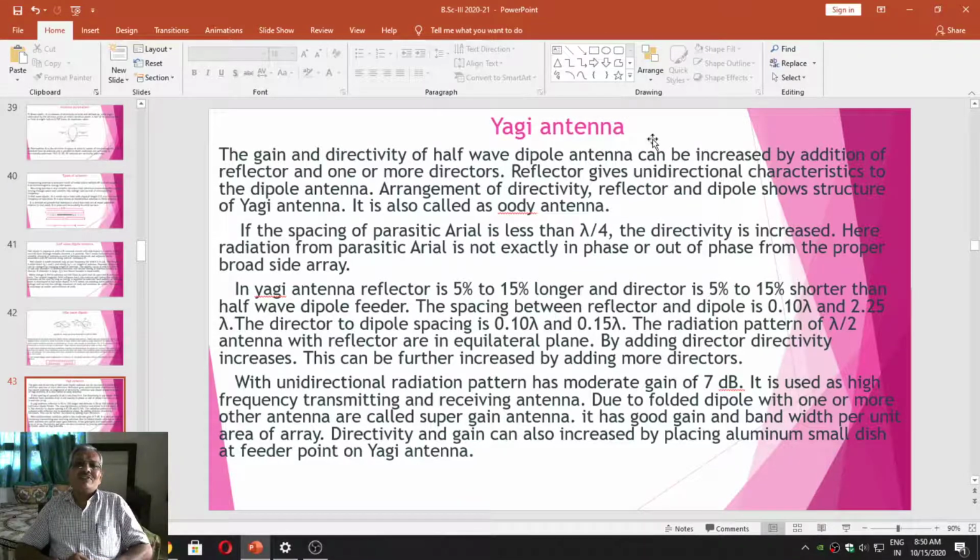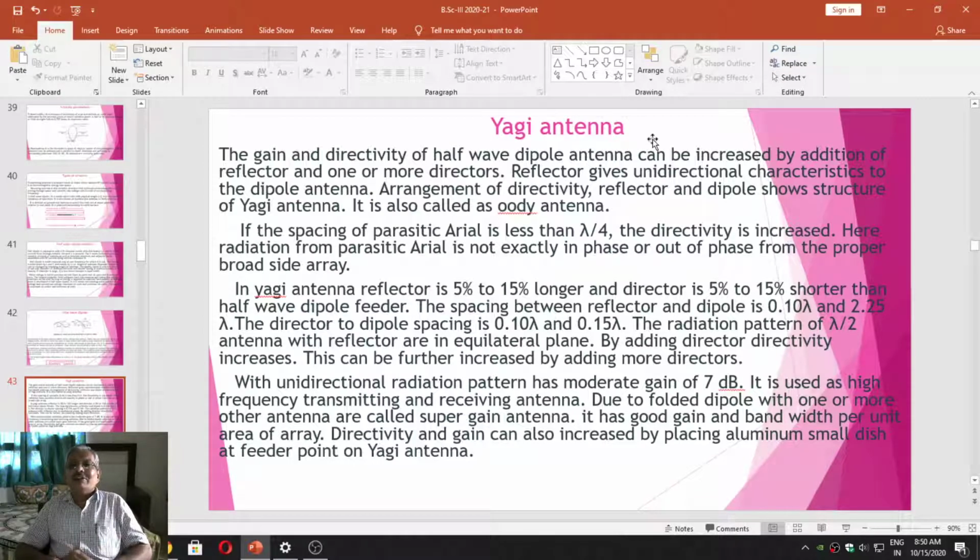Thus once again we can say Yagi antenna is a combination of a folded dipole, a reflector and directors. But the technical specification for the arrangement of dipole, reflector and directors plays a very vital role while designing the Yagi antenna.